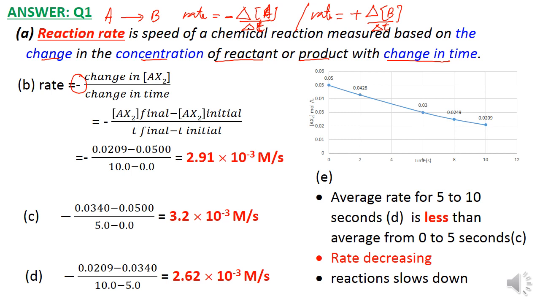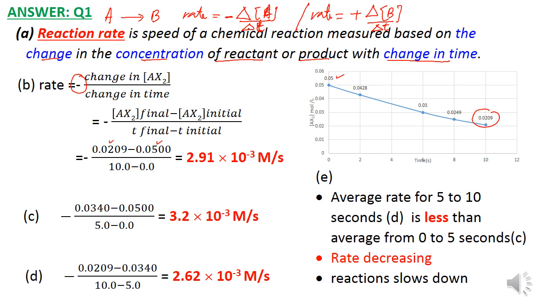For this experiment, the concentration of AX2 final is 0.0209 and the concentration of AX2 initially is 0.05, and the time taken for the entire experiment is from 0 to 10 seconds.